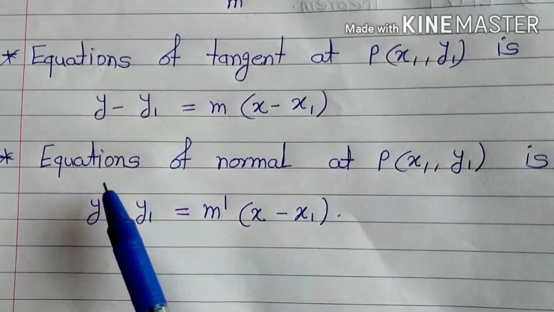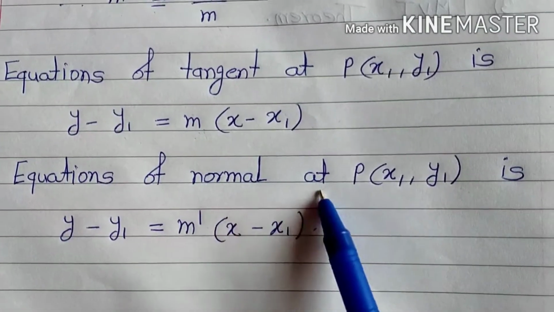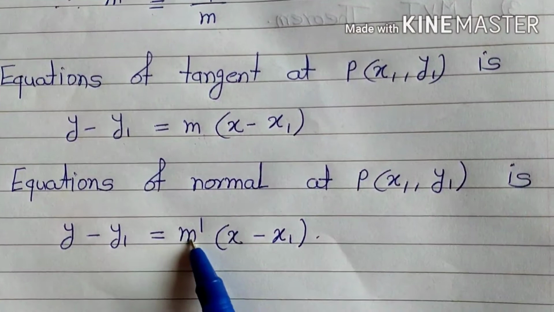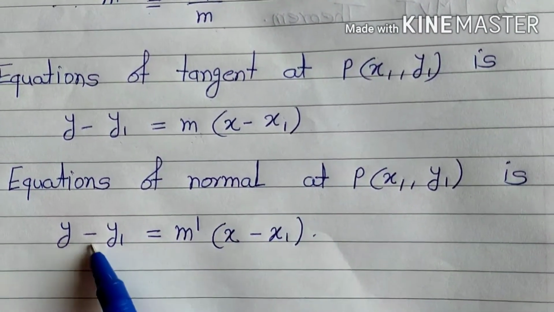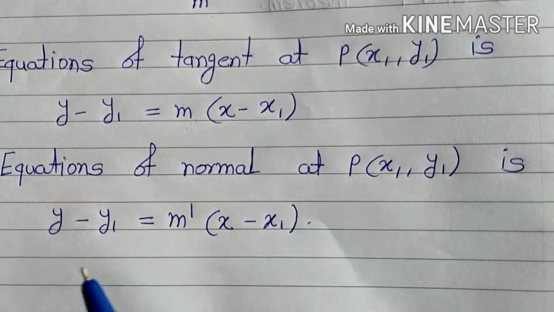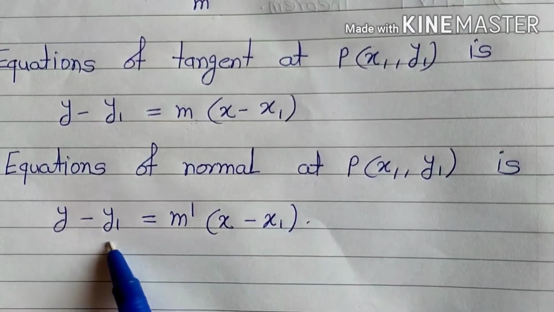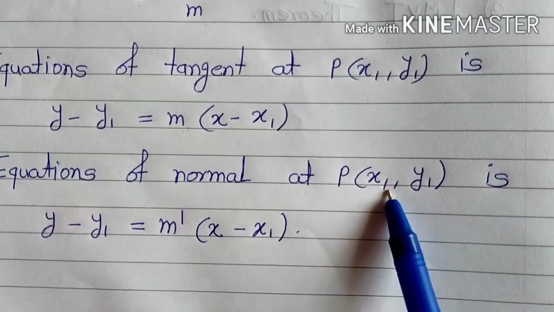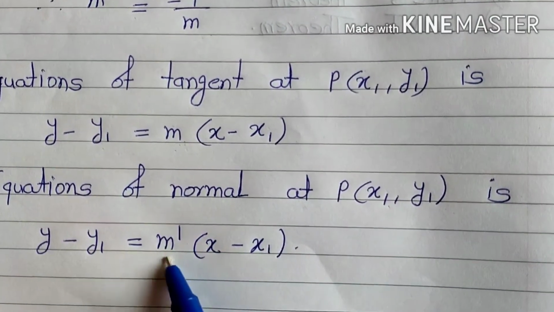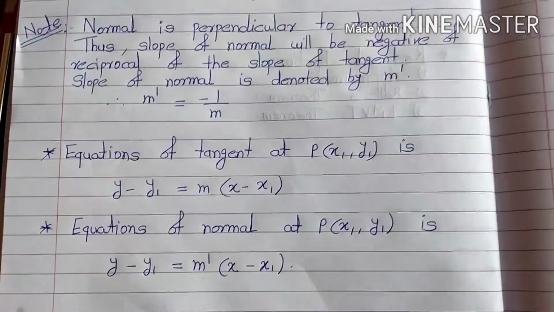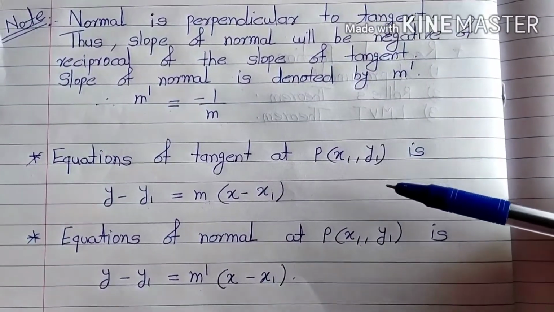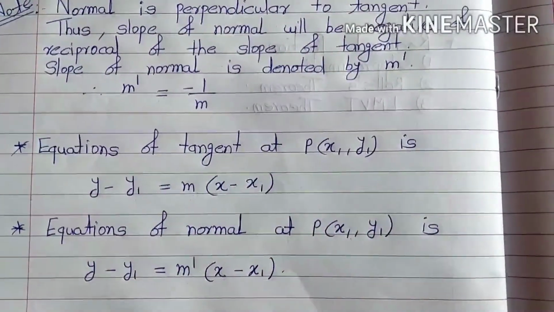Next equation is equation of normal at point (x1, y1): y minus y1 is equal to m dash times (x minus x1). Here x1 and y1 represent the point and m dash represents the slope of normal. These are the equations which we have to use when we solve the exercise.